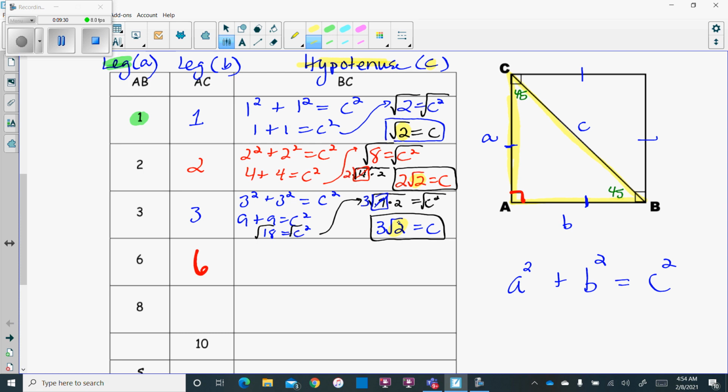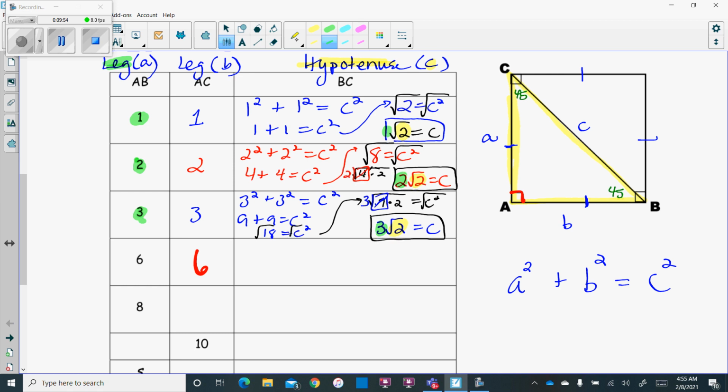If I had 2, then it was 2 root 2. If I had 3, then it was 3 root 2. And really, it's here too, because there's a 1 in front of there. I don't really have to show that, because anything times 1 is itself.